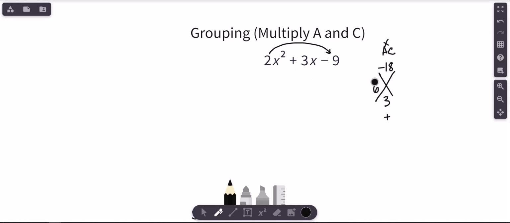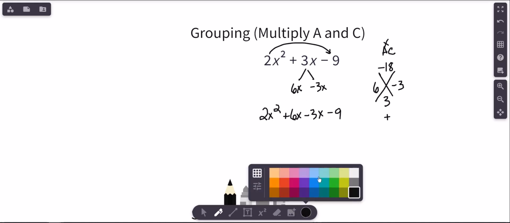Again, that's going to be 6 and negative 3. As we learned just a second ago, we know that 6x and negative 3x are how we can rewrite this middle term here. And instead of putting them in a box, we are going to rewrite this as a polynomial with 4 terms. So that'll be 2x squared plus 6x minus 3x minus 9.